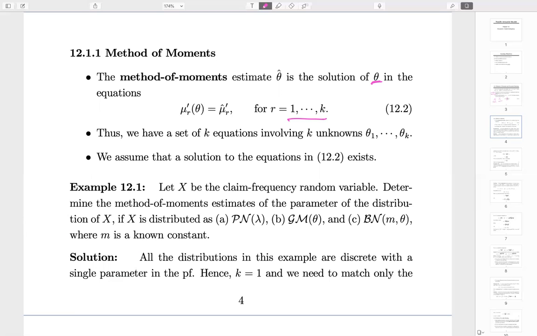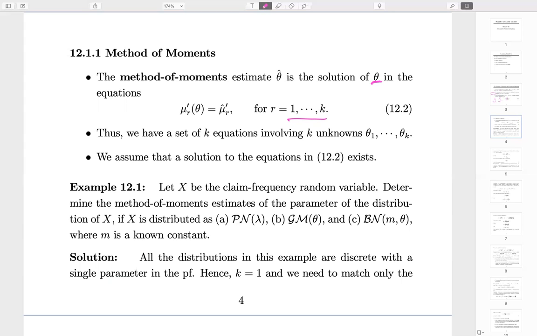That's because for some heavy-tailed distributions, higher moments may not exist. So let's say a Pareto distribution may have the first moment, but may not have the second moment. So this gives us an advantage to always try the lower moments.